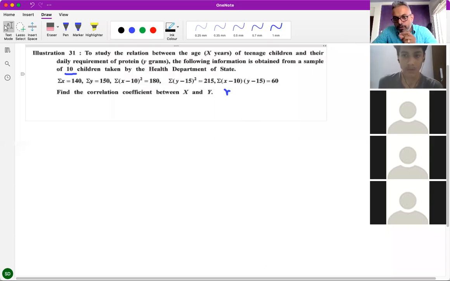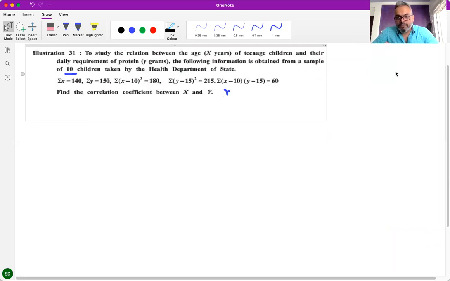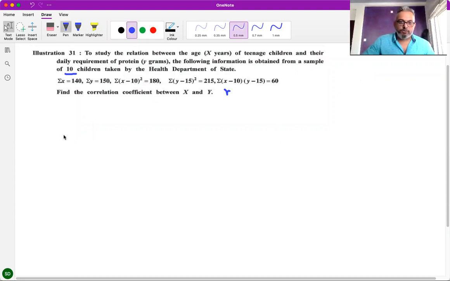See, first of all, even if you are able to read through the question, I would like always to write what is given first. That's the first step. So while writing what is given, you will come to know what is missing, what needs to be found out. Now let's start writing with sigma x is equal to 140. Sigma y is equal to 150.